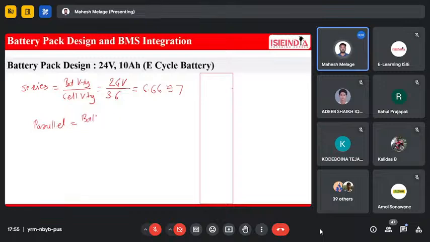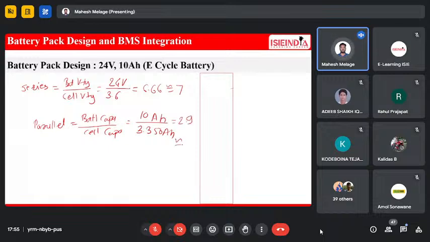Parallel is battery capacity divided by cell capacity. What is the battery capacity? It is 10 Ah and cell capacity is 3.350 Ah. So 10 divided by 3.350 is 2.9.